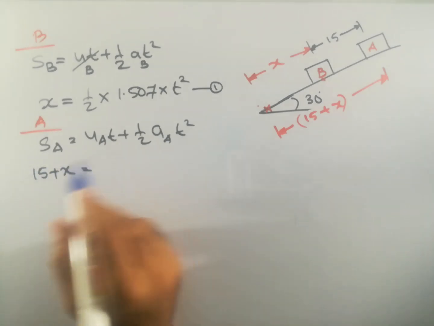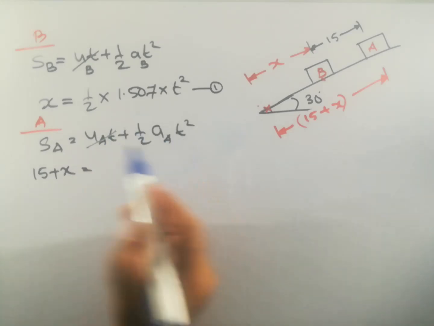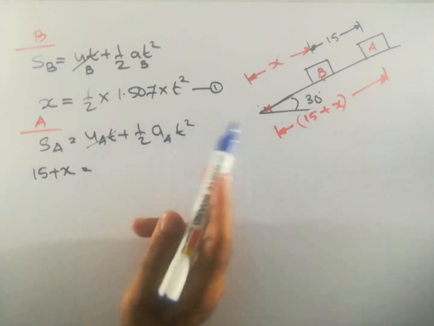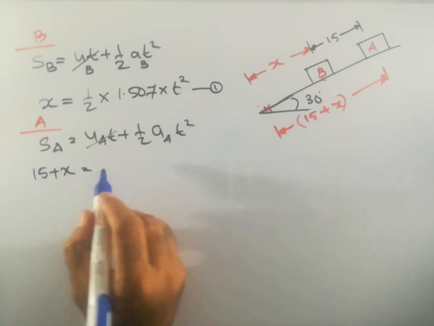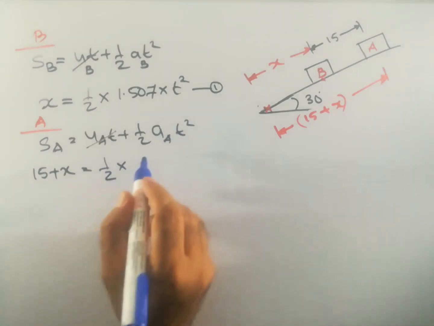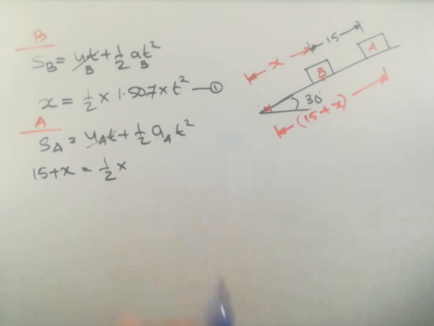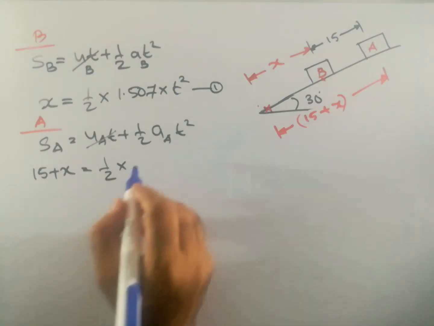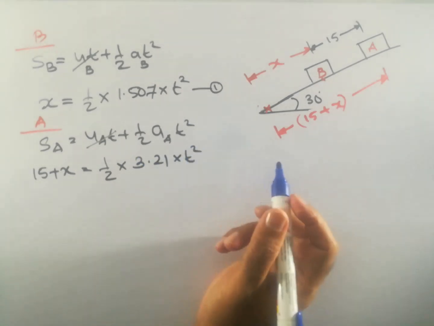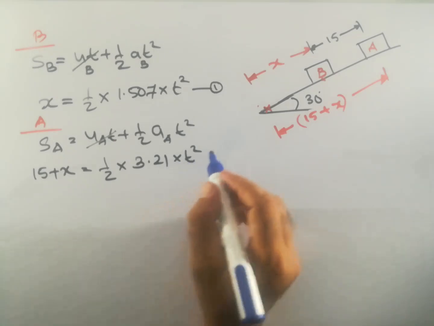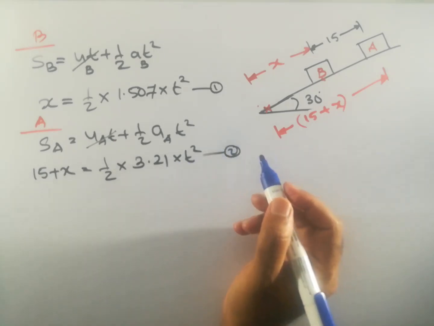UA is 0, so this term is 0 because initial velocity is 0. Why? The bodies were released from rest. So it equals half into acceleration of A, which is 3.206 or 3.21, into t square. Let this be equation number 2.